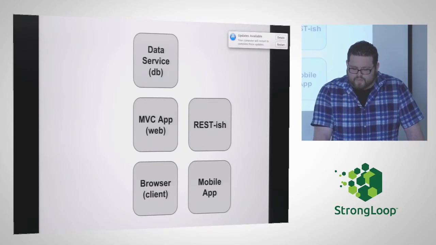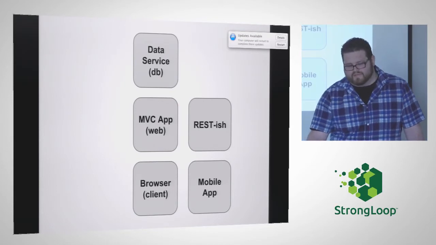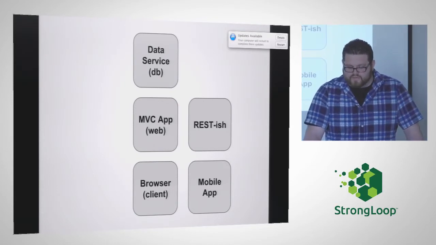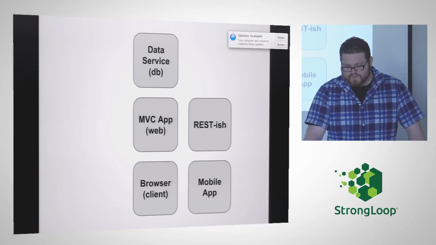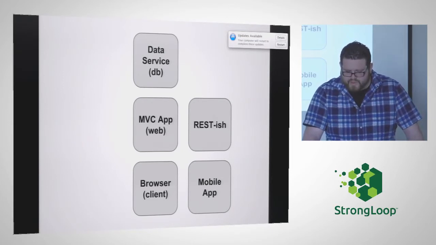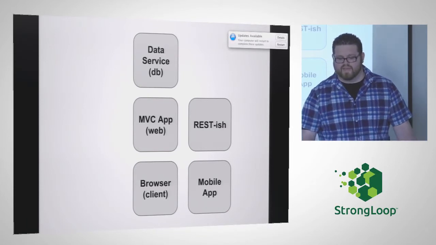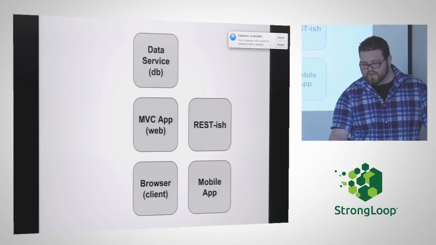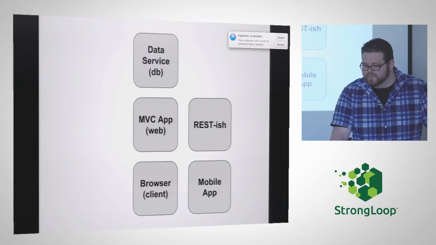But then you had a mobile app, which is an entirely different beast, which just really wants data, it doesn't care about HTML. Technically this is possible, and this is how we did it back then. We would just implement some REST-ish controller methods in our MVC app that return JSON data. That's kind of how some AJAX sites work too.